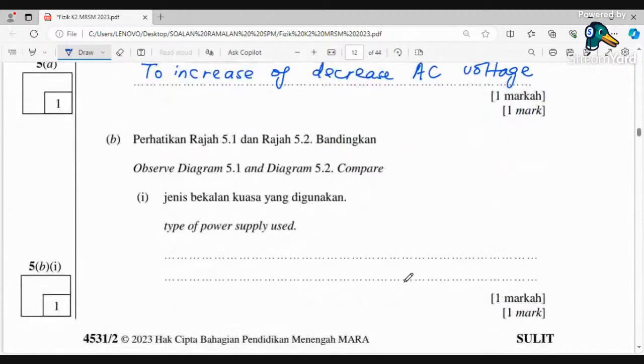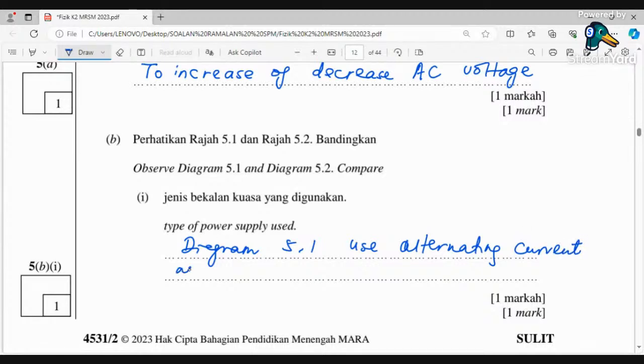Okay, type of power supply used, if you compare, diagram 5.1 uses alternating current, and diagram 5.2 uses direct current.